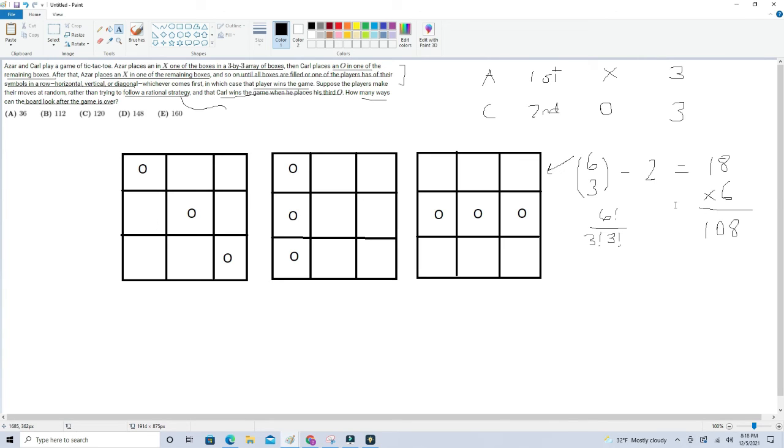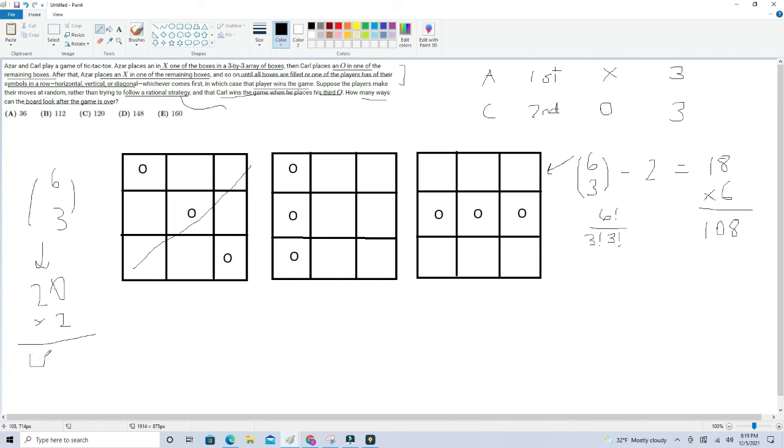So instead of subtracting 2 like we did in the previous cases, we can just count the number of ways for Azar to put his three X's by looking at all 6 of these cells and choosing 3 for Azar to put his X's in. So this computation just becomes 6 choose 3, which I already computed earlier to be 20. And without loss of generality, this counting argument can be applied when the diagonal goes the other way. So each of the 2 diagonal cases will have 20 different ways, and since there are 2 of them, we multiply 20 by 2.